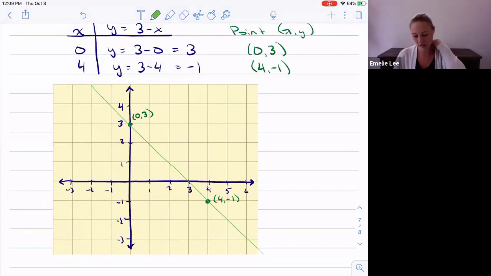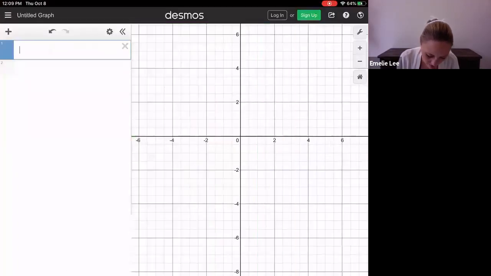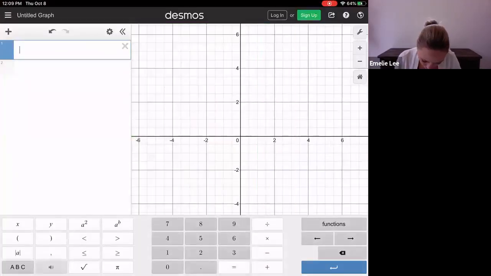Just to start checking our work with Desmos again, let's just plug in this line and just make sure that it looks like what we just found. What was the line? Y equals 3 minus x.